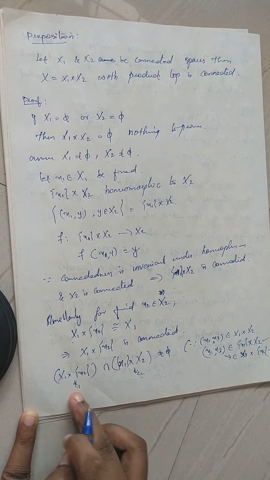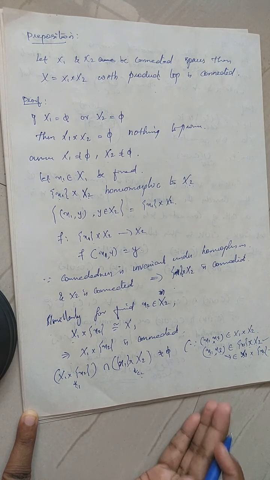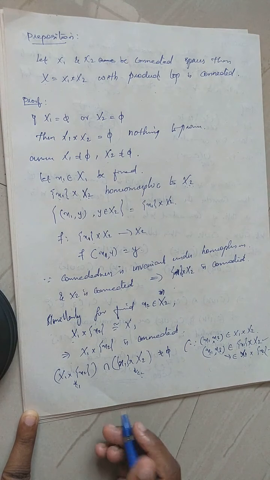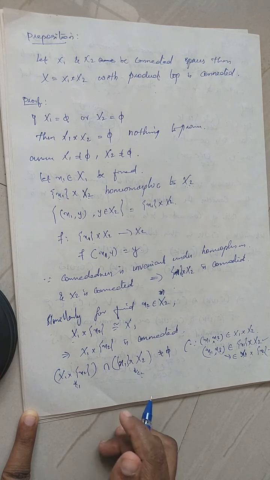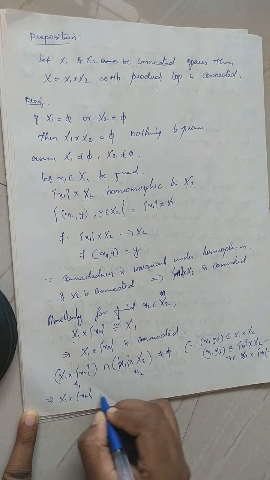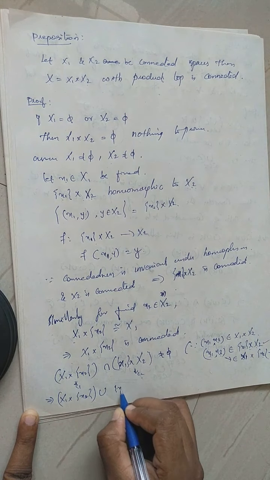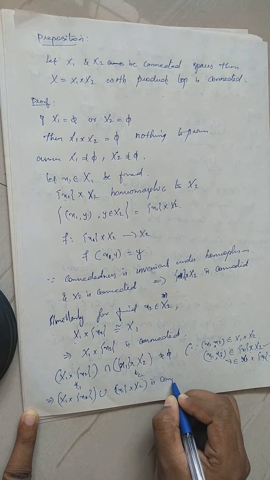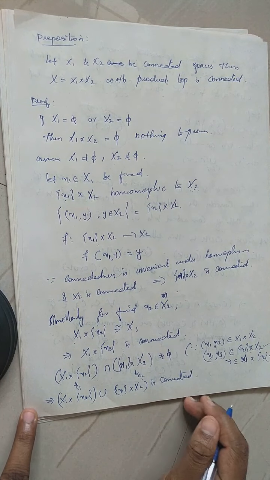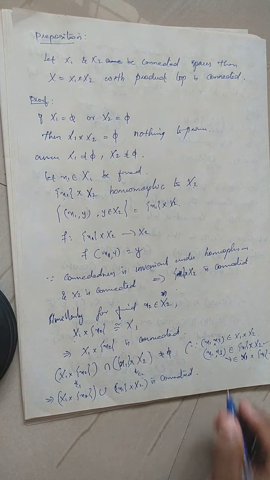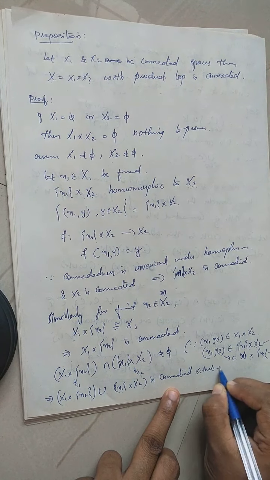Therefore we can say that their union will be connected. When two sets are not mutually separated and they are connected, their union will be connected. So by that result their union will be a connected subset of the product space X.